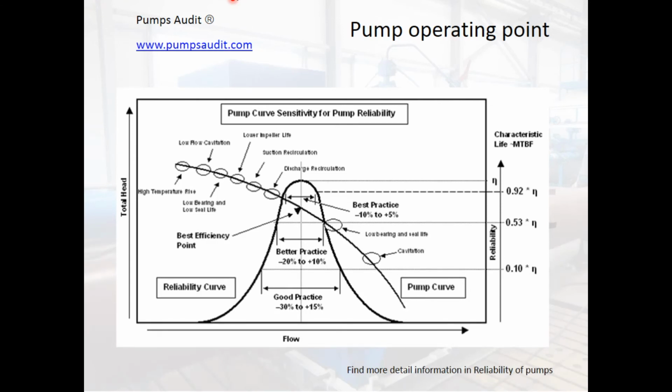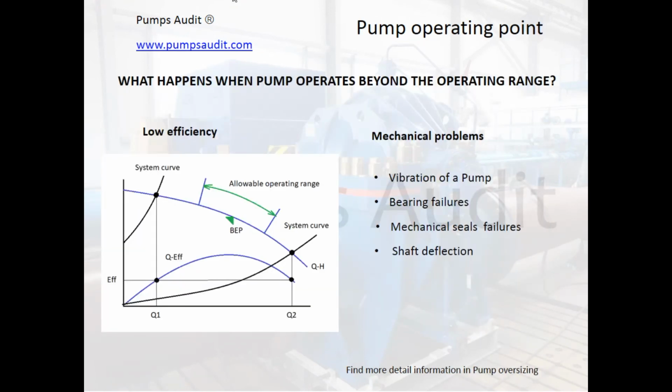More detailed information about the reliability of pumps is presented in the lesson Reliability of Pumps. Once again, when the pump operates outside the allowable operating range, it has low efficiency and mechanical problems, such as vibration, bearing failures, mechanical seal failures, shaft deflection, and so on.